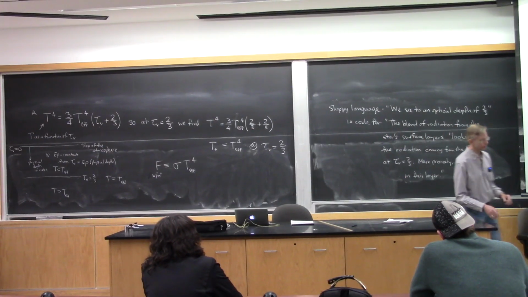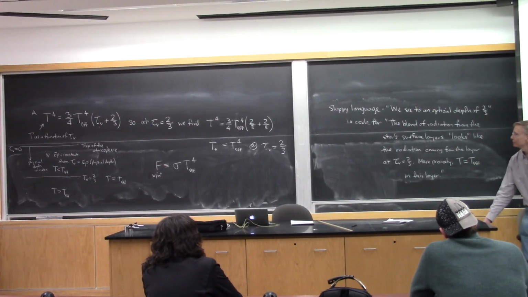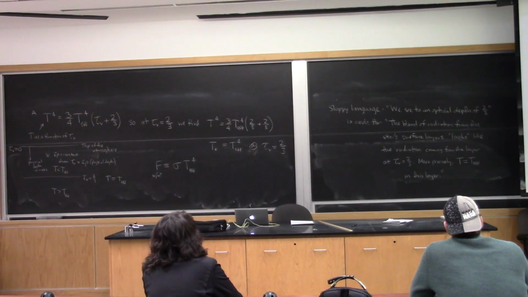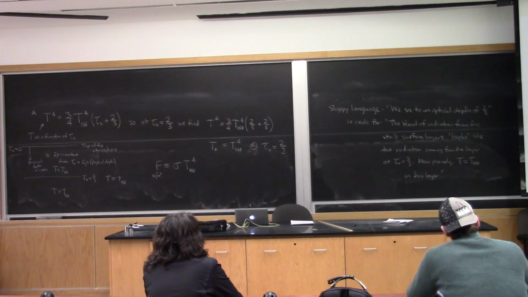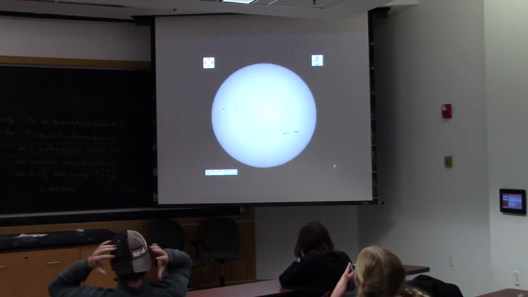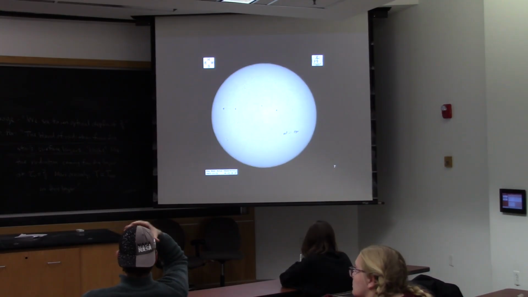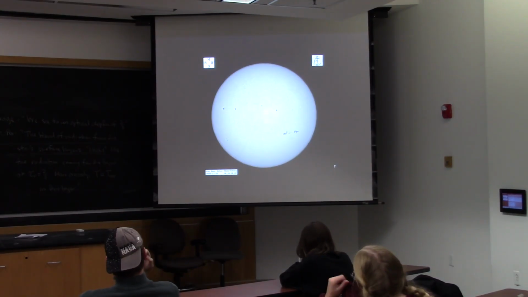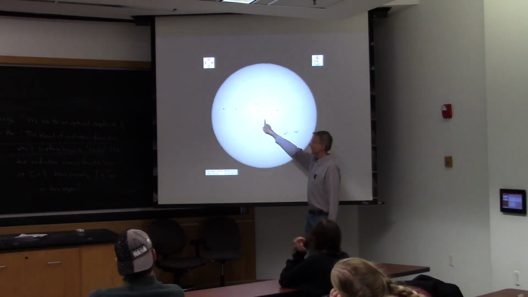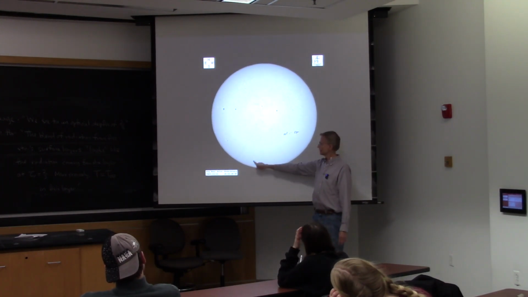And I don't know how well you can see it from the photo, but if you look carefully, and let me get our audience at home able to see this here. If you look carefully at a photo of the sun, you may notice that it's a bit brighter at disk center than it is on the edges.